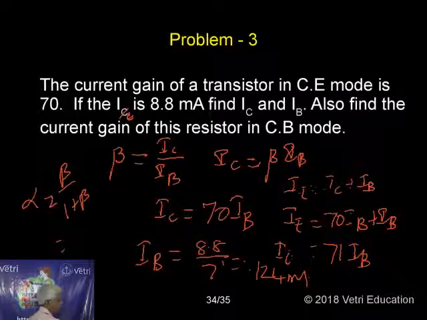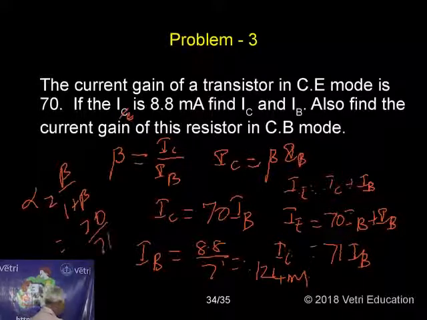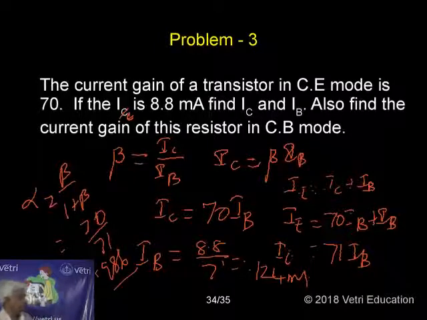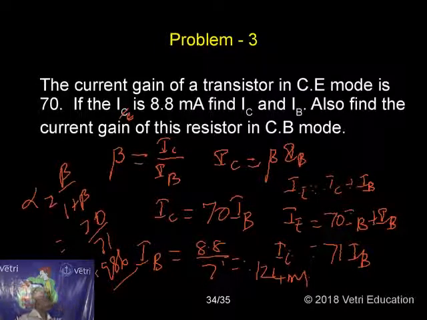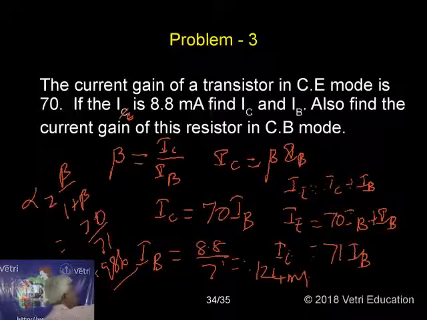Here the beta value is given as 70, so alpha is 70 by 71, that may be 0.98. This is the current gain in CB mode, whereas the current gain in CE mode is 70. So simply we have to do mathematical manipulations, and finally substituting the values, we can get the answers.